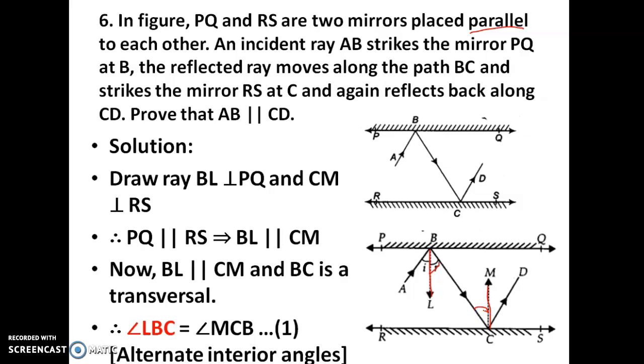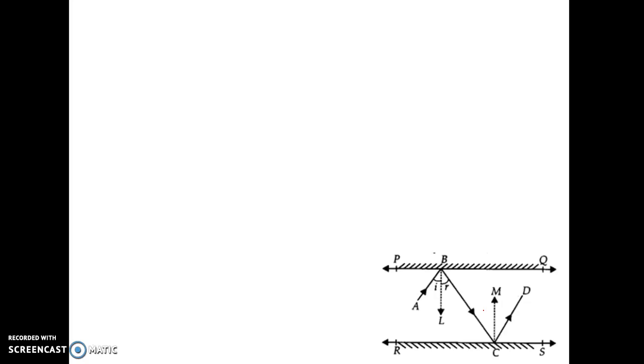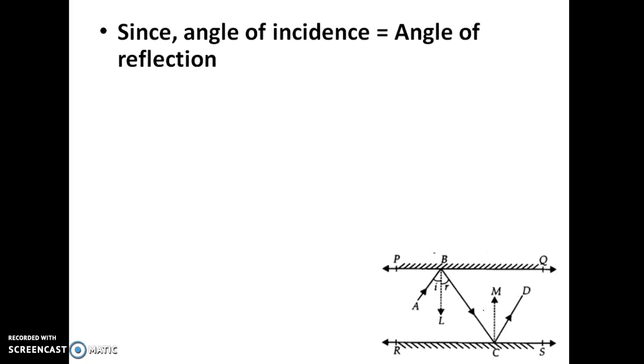Why? Because they are alternate interior angles. Now, since the angle of incidence is equal to the angle of reflection. You can see here, the angle of incidence is equal to the angle of reflection.